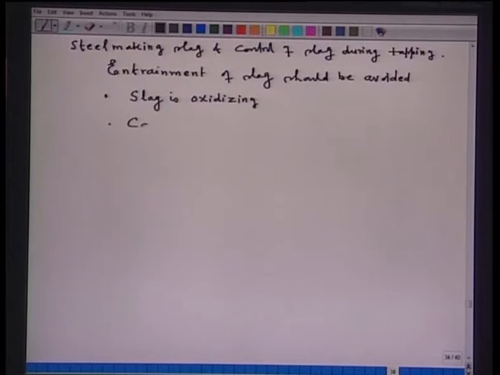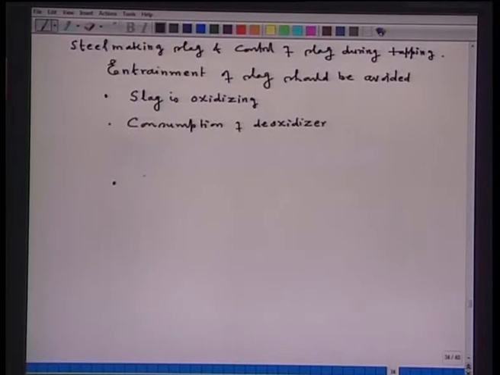So, consumption of deoxidizer will be higher in the ladle also, because with a larger amount of FeO and MnO in the slag, more oxygen will transfer into the metal and more deoxidizer is required.